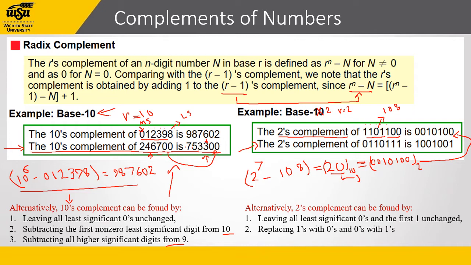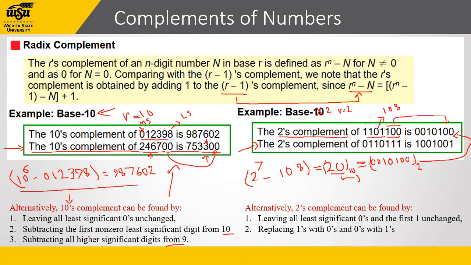So how about the base 2 numbers? This one also has an alternative way. Leave all least significant zeros and the first one unchanged. So we have 2 least significant 0s and a 1 after that, which we want to leave unchanged.